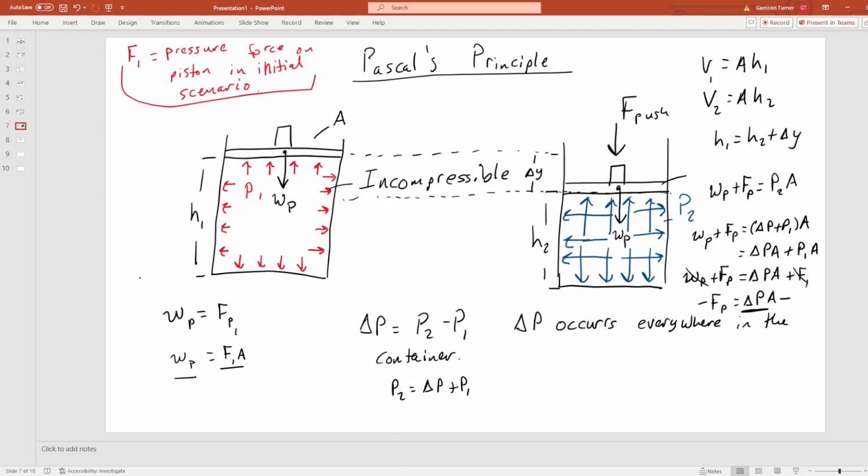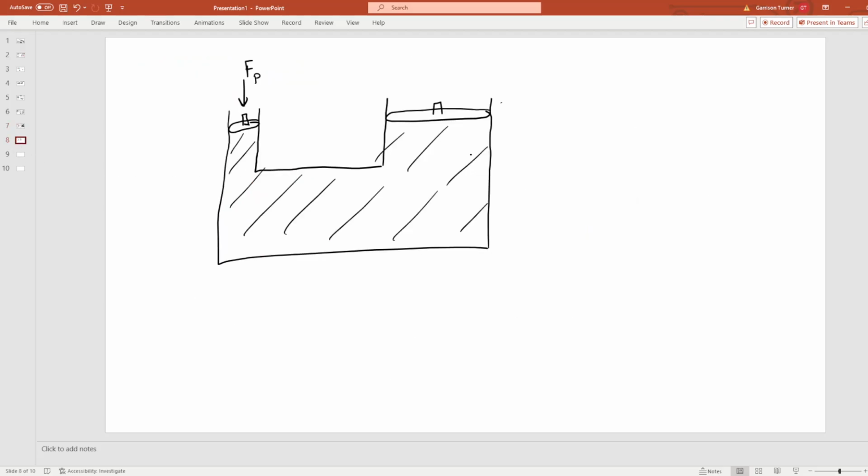If I push down on this piston so that it comes down maybe to here, and I have a delta Y here, then there will be a delta P.